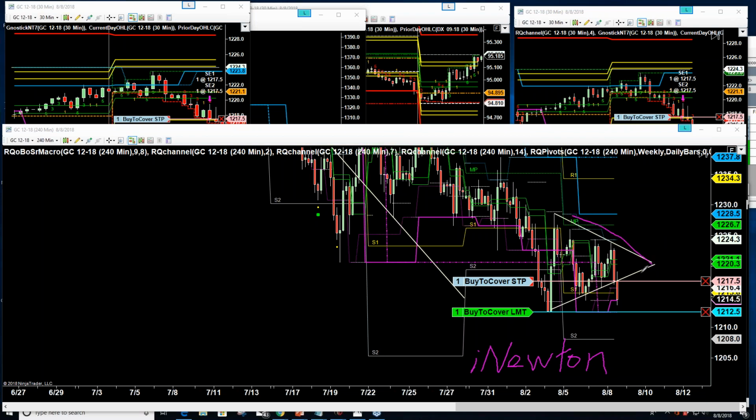So here you had early on symmetric triangle. With symmetric triangle, you really don't know the direction it's going to take. You just expect volatility once it cracks either the bottom support line or the top resistance line. Breaks one of those, you get volatility. You get, in other words, potential follow through, and that's what we got here.